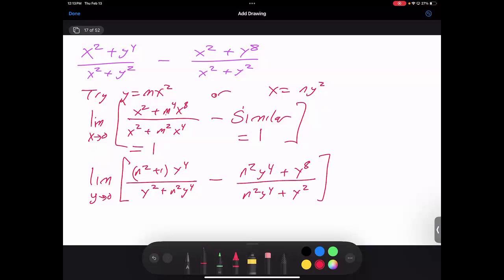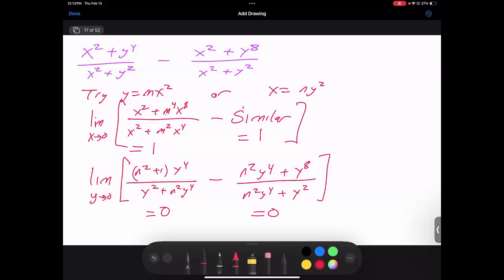If I use x equals ny squared, did I do that correctly? And what would I get in this case? So the first term is going to be 0, and the second term is going to be 0. So this would be something that would be 0 over 0 along quadratics, at least along pure quadratics.